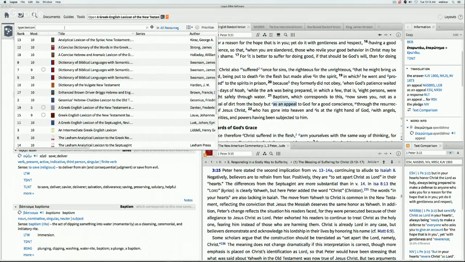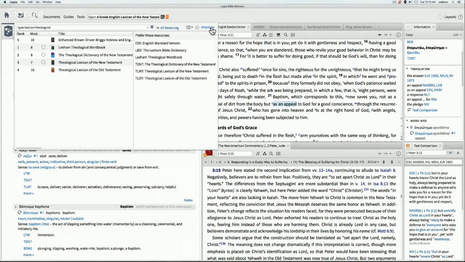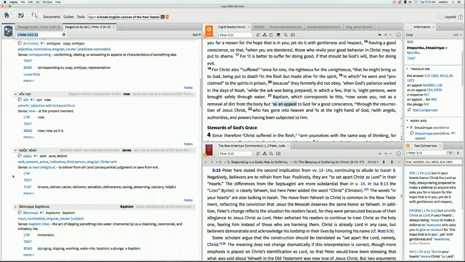So we type in type lexicon and then the word theological to narrow it down further. Here's the list of theological dictionaries that I have. All you have to do is click on prioritize, and you see that I've already dragged those over into my prioritized resources so that those lexicons show up at the top of the list when they exist for these words. That's a very simple way to see, this is a significant theological word. That's one I'm going to want to pay attention to in my word studies.